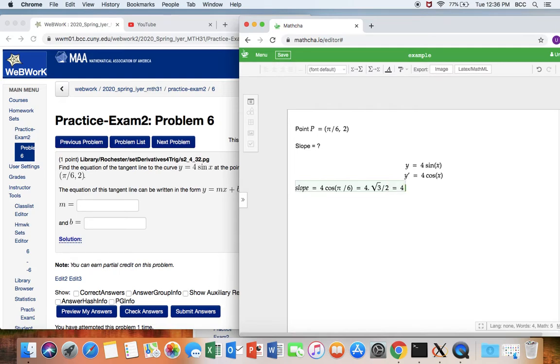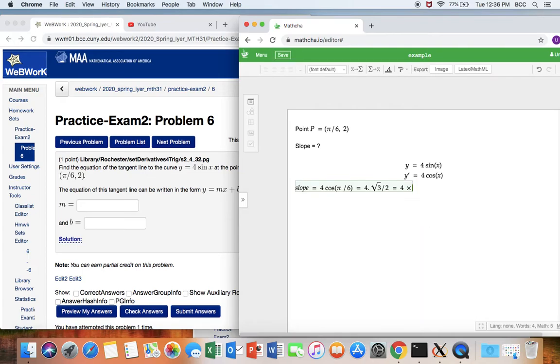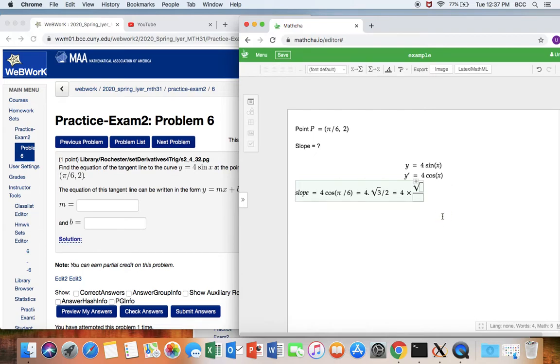This is 4 times, if you write it in fraction form, you see it better. Numerator is square root 3 and denominator is 2.